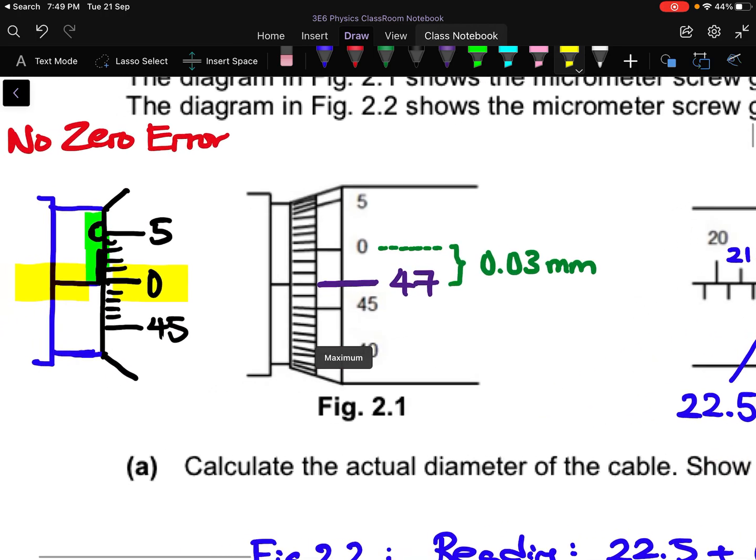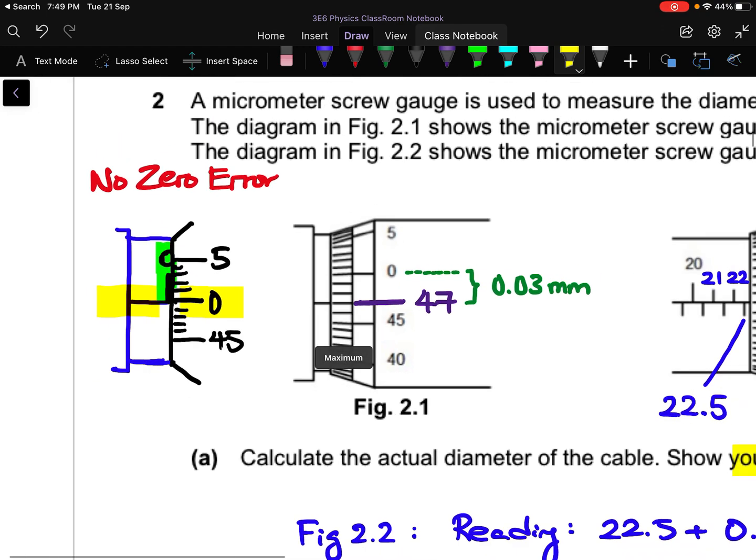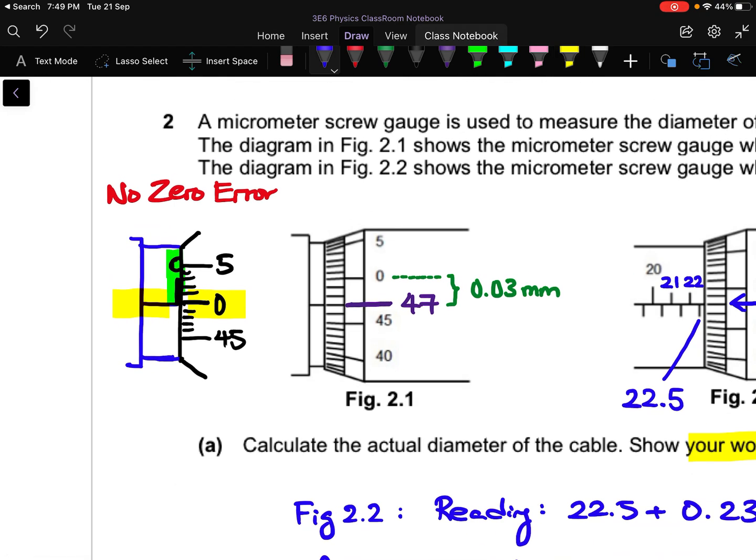Now I want you to compare that to your figure 2.1. Can you see that the whole green color part, that means this 0 marking, is now being eaten up by the spindle? So this means that in this case there is an over tightening.